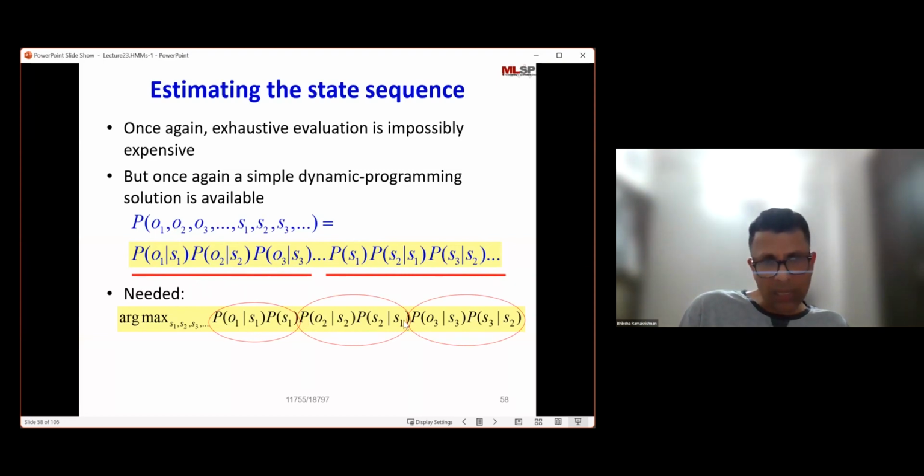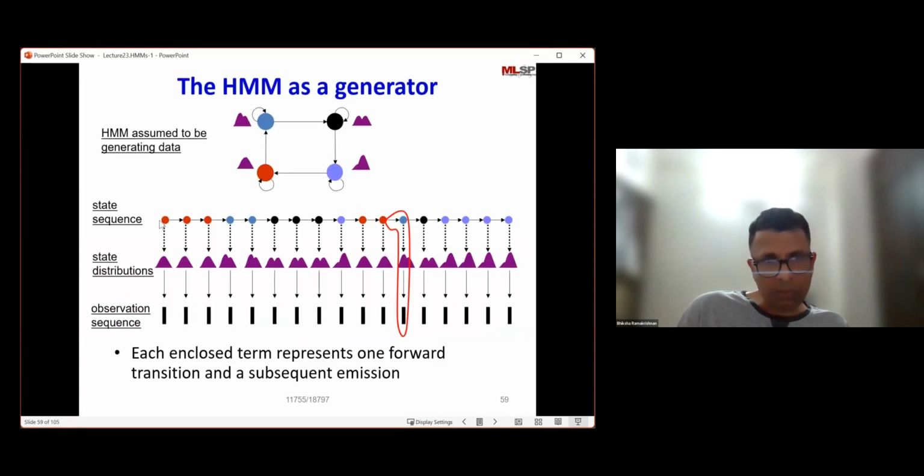Now, what is this grouping really doing? If you go back over here, this was the process by which the HMM generated an observation sequence, right? It went through a state sequence, and as it progressed through the state sequence from each state, it generated an observation.